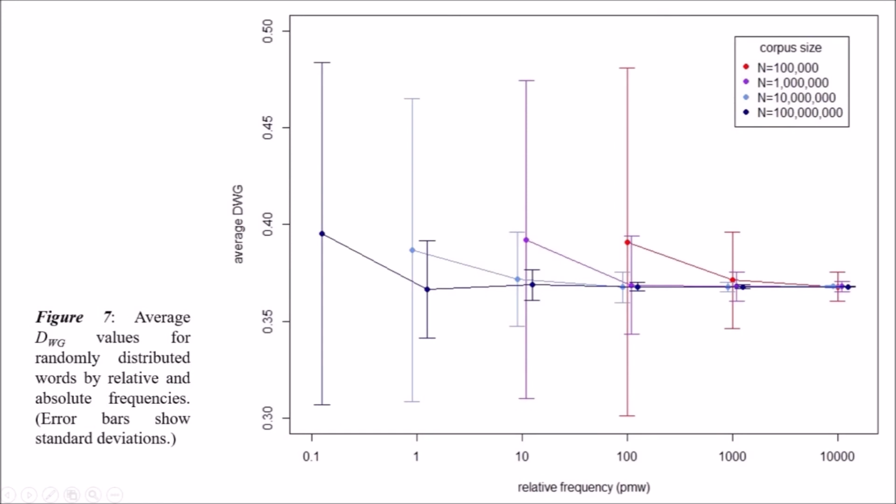Importantly, these findings hold for different relative frequencies and for different absolute frequencies. That's shown in this figure here, which summarizes the findings for all parameter settings in this experiment. The value of 0.37 is constant for different relative frequencies on the x-axis, normalized to per million words, and for different absolute frequencies, as shown by the dots for different corpus sizes.